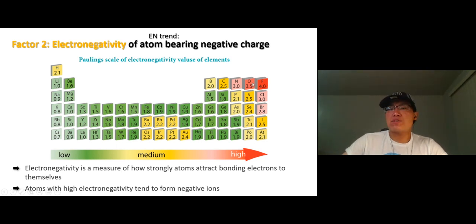Oxygen loves negative charge. Carbon, not really. If you still remember the trend, the mnemonic that I told you about. Fluorine, oxygen, chlorine, these guys love to have negative charge on them. Hydrogen, carbon down here, not as much.